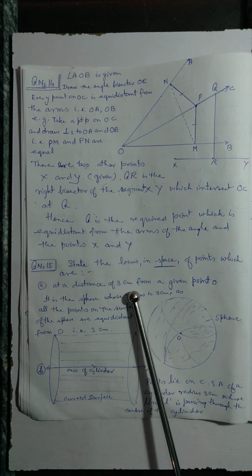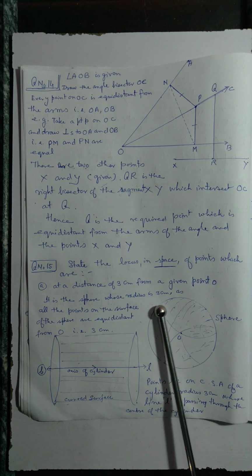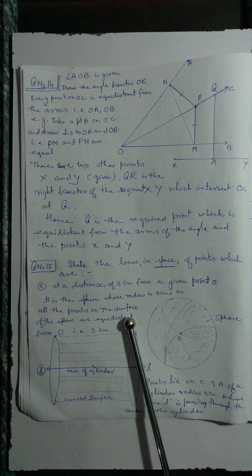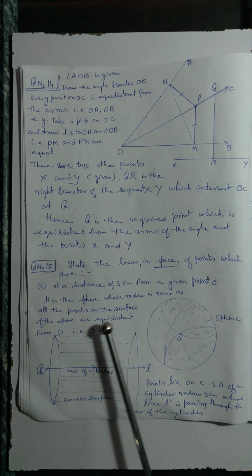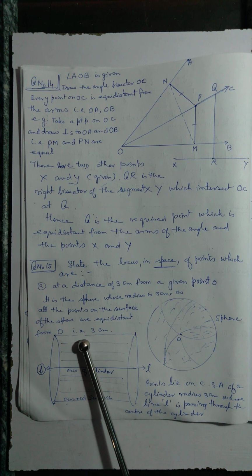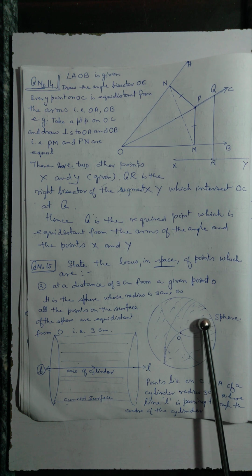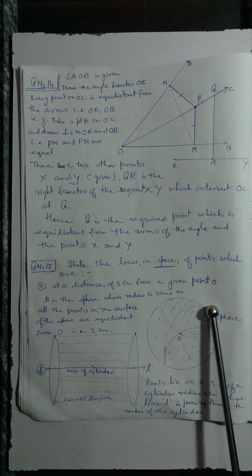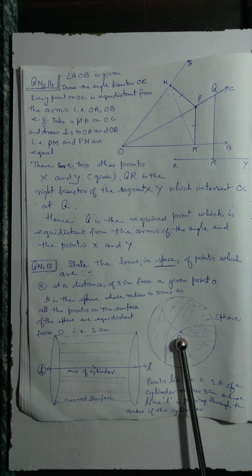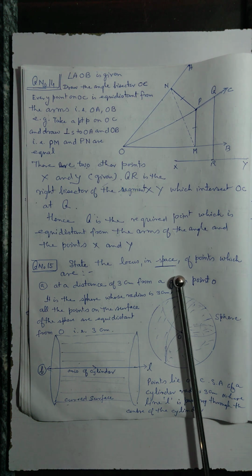So at a distance of 3 cm from the given point, it is the sphere whose radius is 3 cm, as all the points on the surface of the sphere are equidistant from O, that is 3 cm. Means the locus will be all the points lying on the surface of the sphere, because it is given already in space.